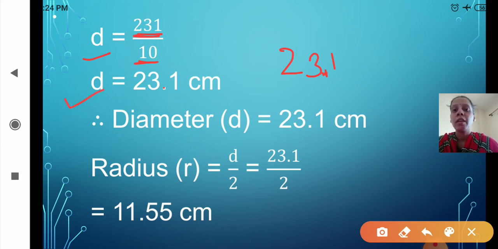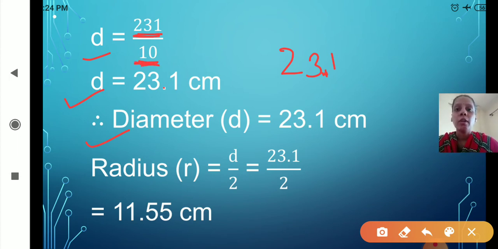Okay. Now we have calculated diameter. Now we will find out radius. Okay. What is the diameter now? 23.1 centimeter. Why I have written here 23.1 centimeter? Because 231 divided by 10 is what? 23.1. Yes, in the denominator 10 is given. Okay. How many zeros here?